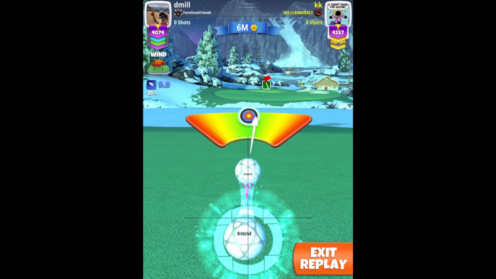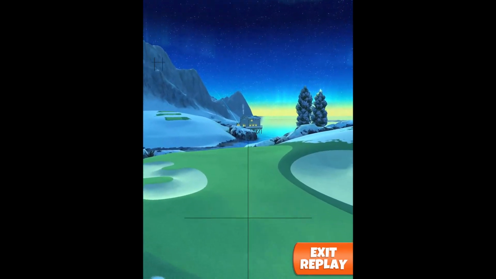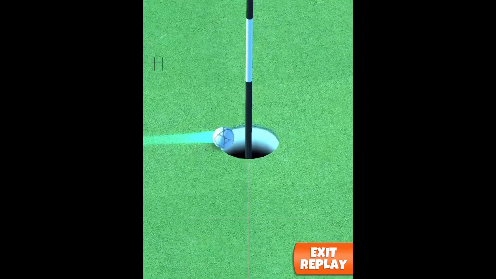And I do about mid-circle left curl for the left to right winds, just because I kept missing right. Nice.